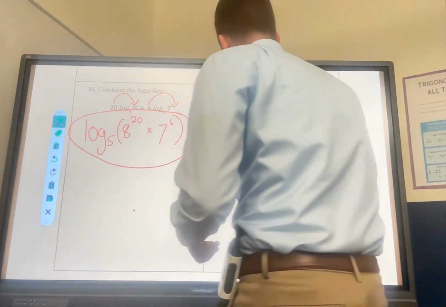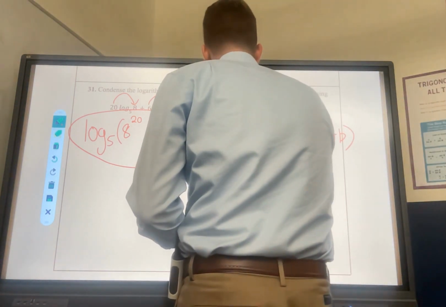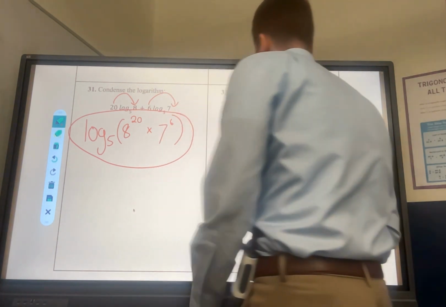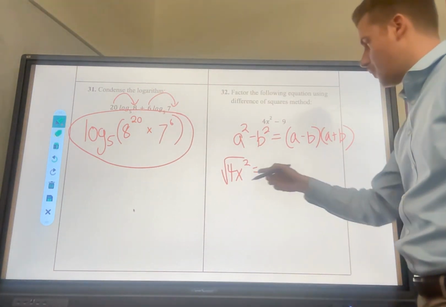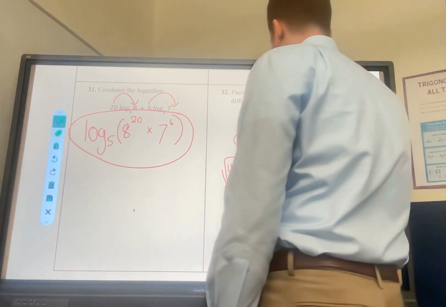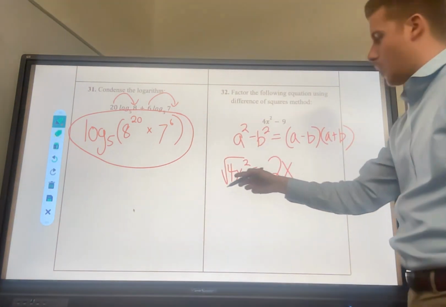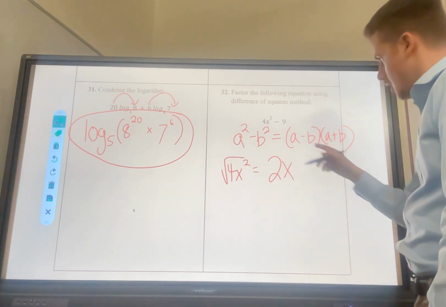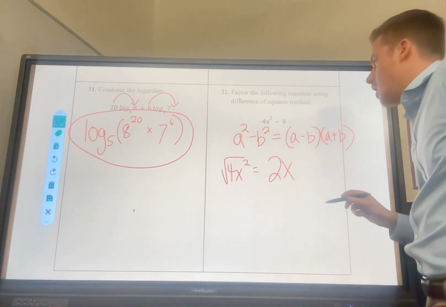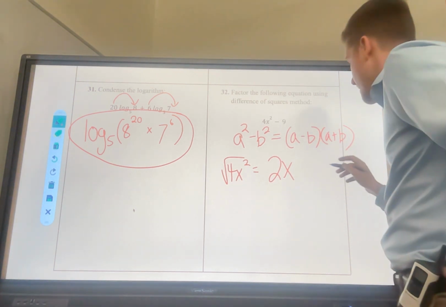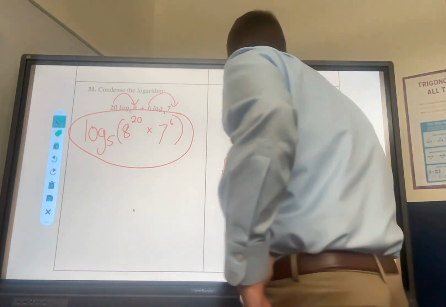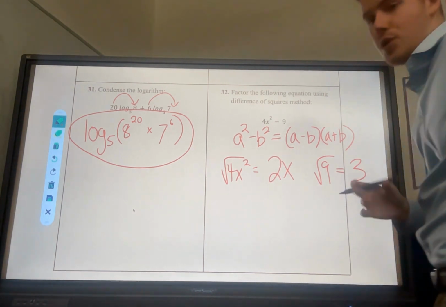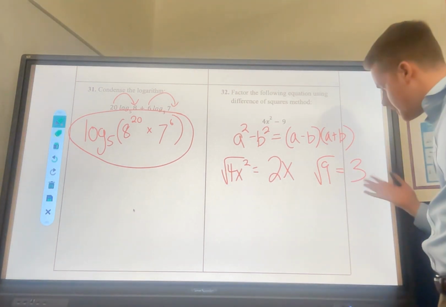So let's go ahead and take the square root of 4x squared. The square root of 4x squared, that is simply 2x. The square root of 4 is 2, and the square root of x squared is x. And then I can take the square root of 9 as well. And so the square root of 9, as y'all already know, is 3.